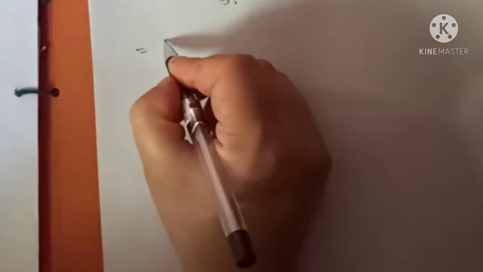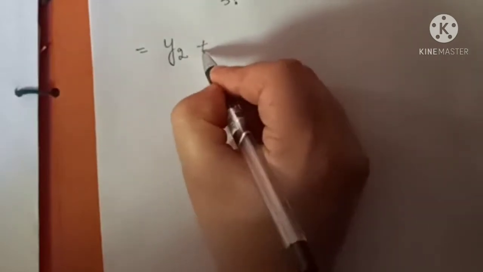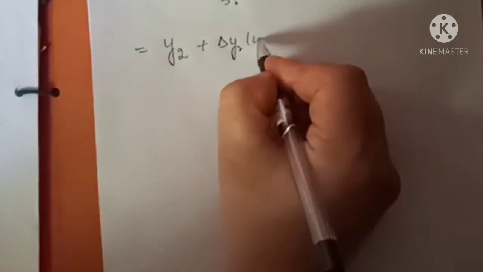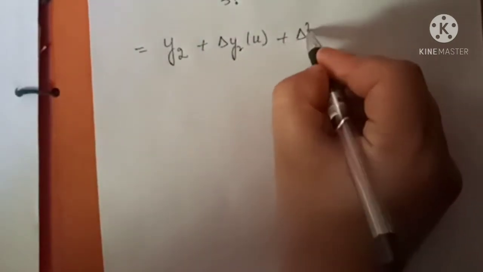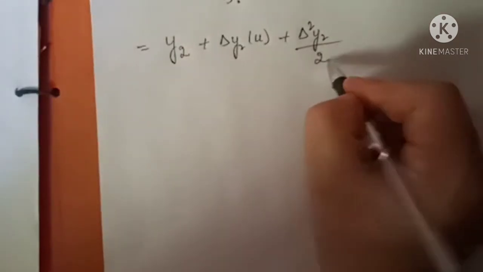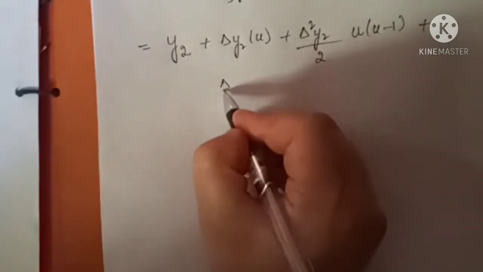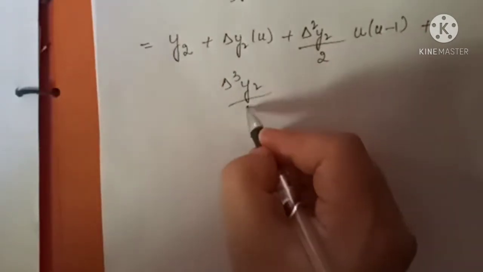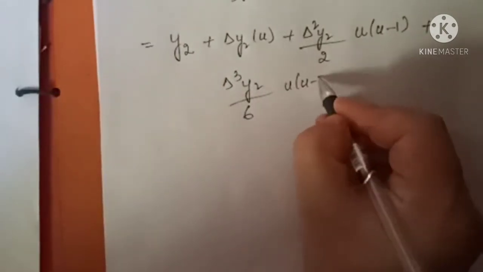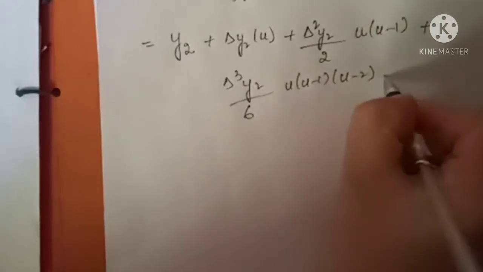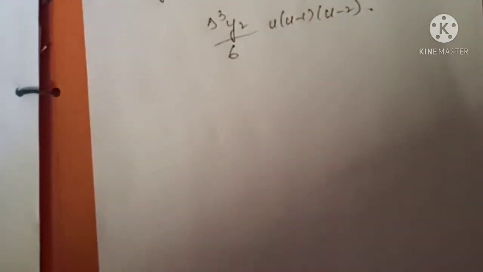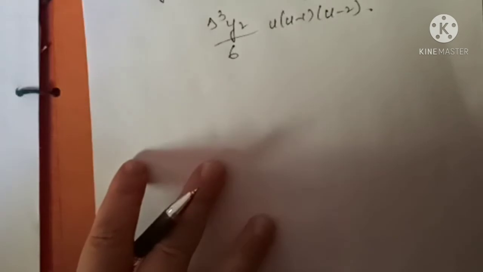Which will be equal to y2 plus delta y2 times u plus delta square y2 divided by 2, u into u minus 1 plus delta cube y2, 3 factorial is 6, u into u minus 1, u minus 2.